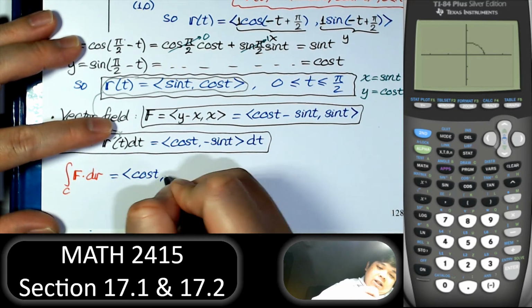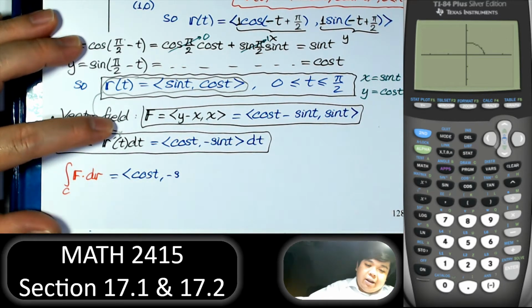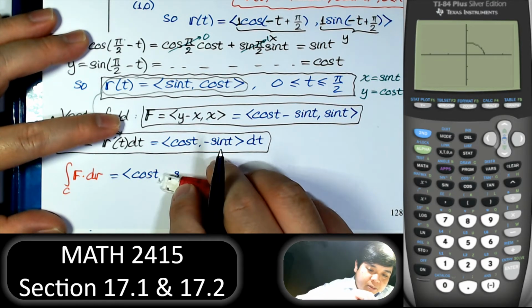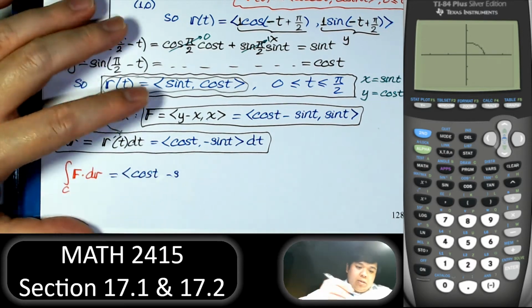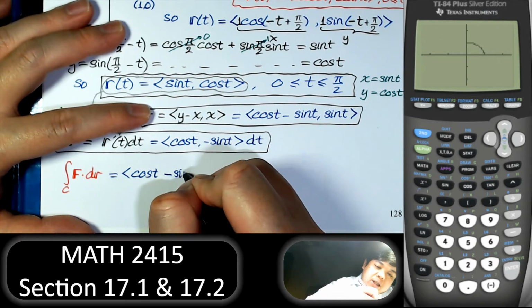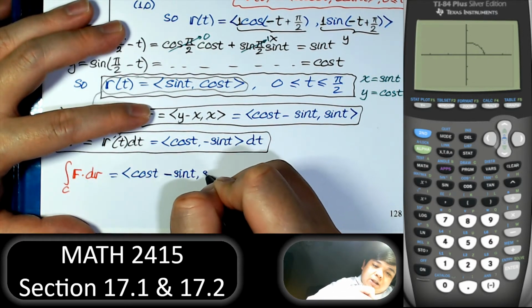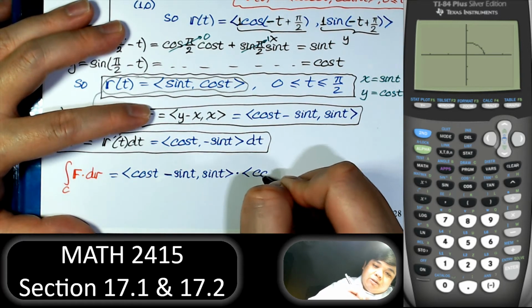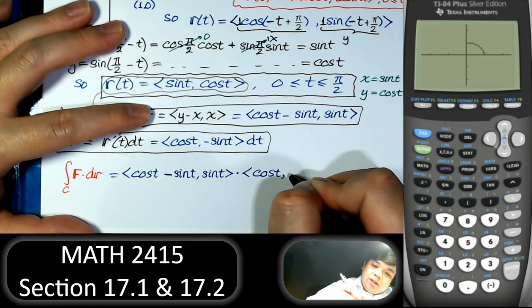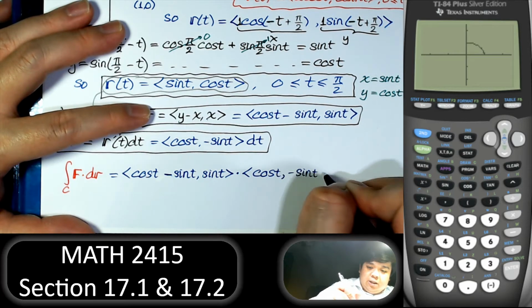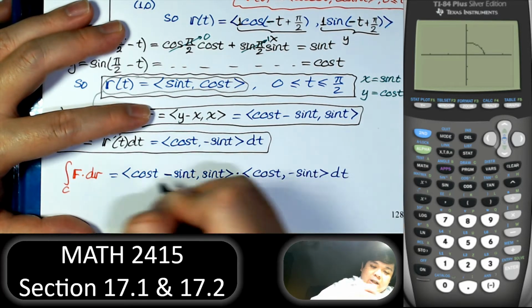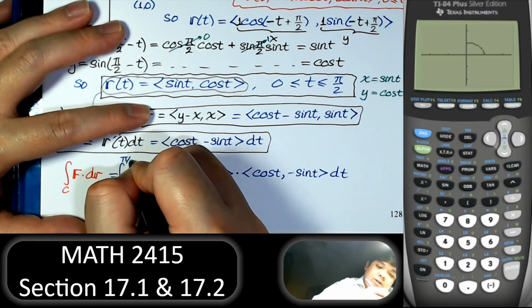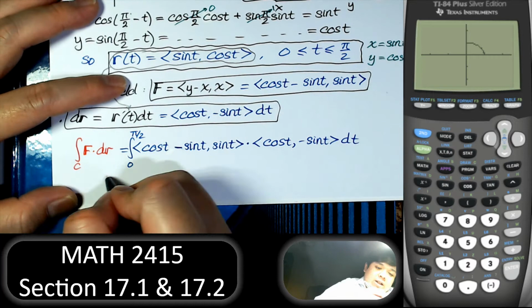Cosine of t, negative, minus sine t, dot cosine of t, negative sine t dt. That integral goes from 0 to pi over 2. Right, dot product.